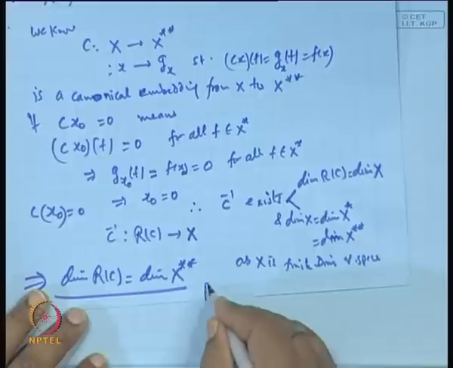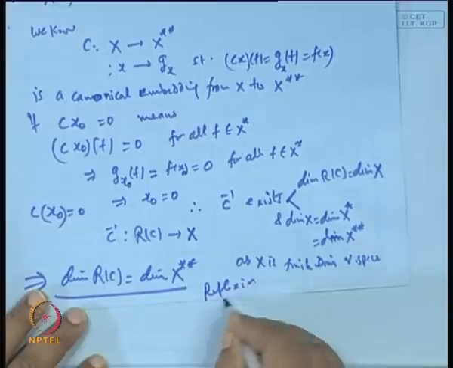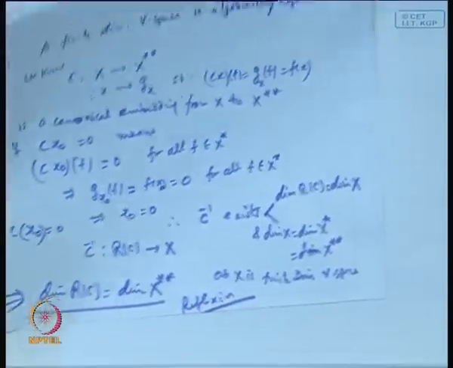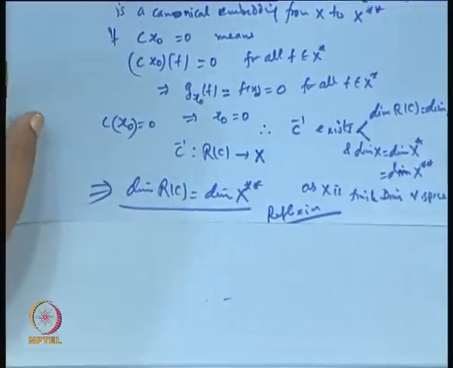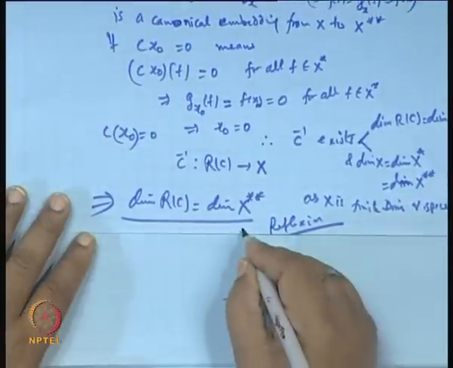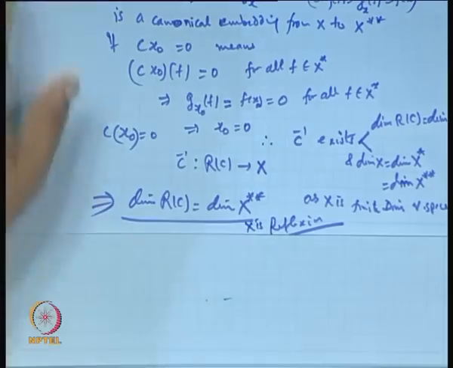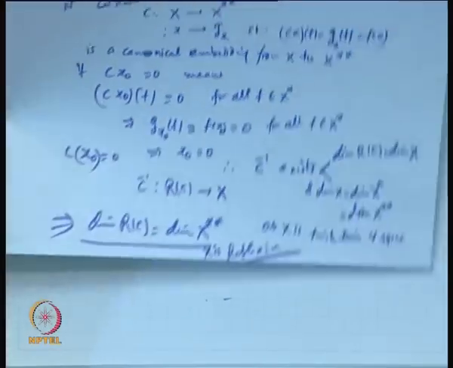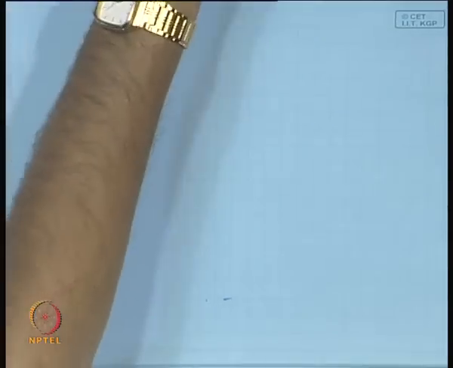So, x is reflexive. I think it's okay. Now, so far we have seen the linear functional on the finite dimensional case.